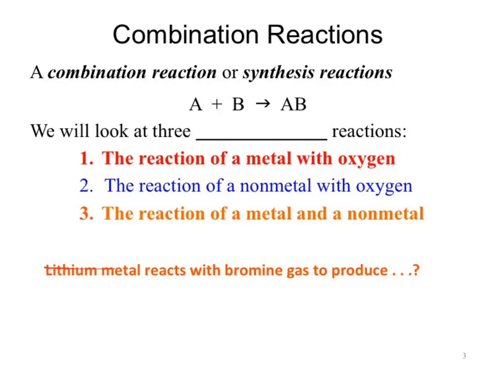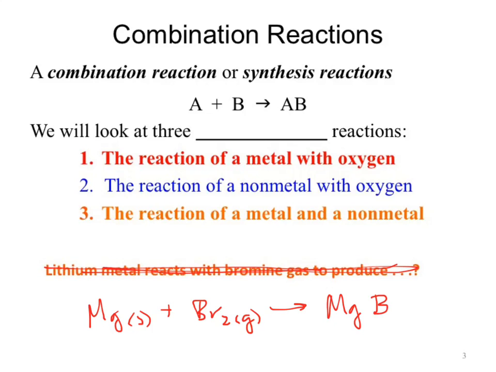So I'm going to put a big line through this. That was an awful color to pick for putting a line through. But magnesium metal, so Mg, solid, plus bromine gas, goes to, now we're making that metal-nonmetal bond, magnesium and bromine. The charge on magnesium is +2.